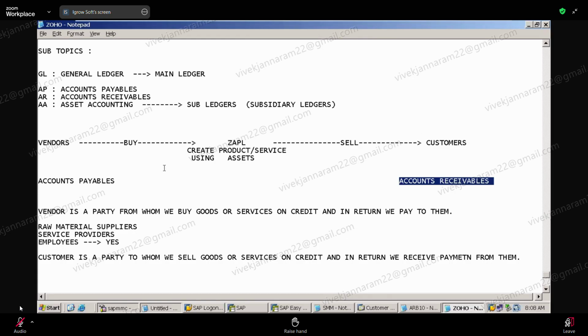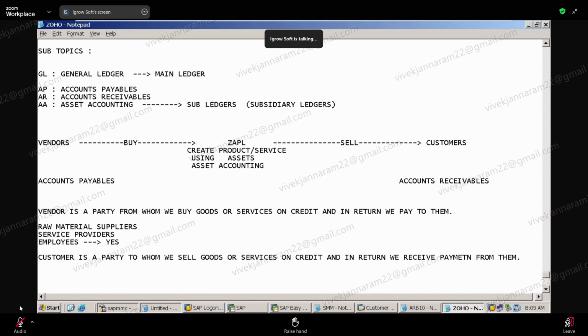And in the middle, we have assets, no? So we maintain accounts for these assets, right? That will come under asset accounting. See, how many assets I have, I should know. How many laptops we have, if we are not aware, that is not good, no?